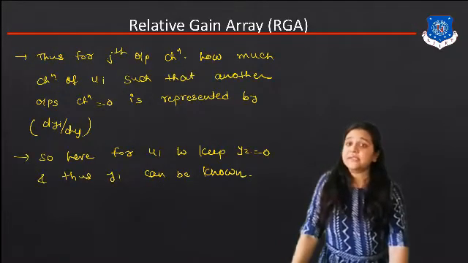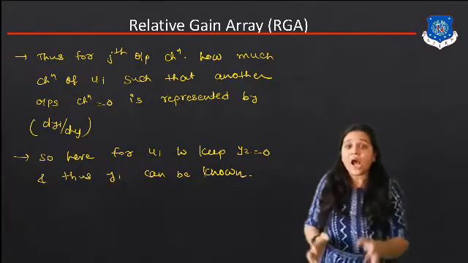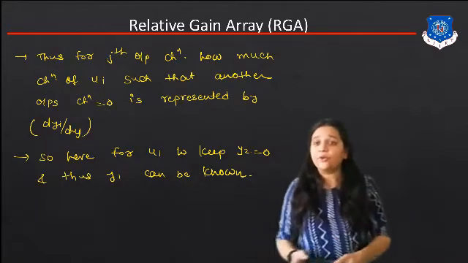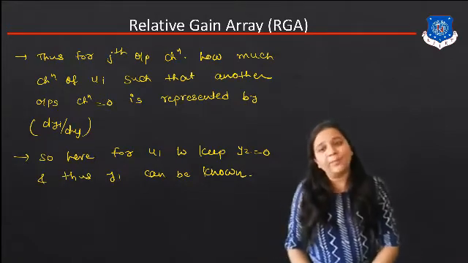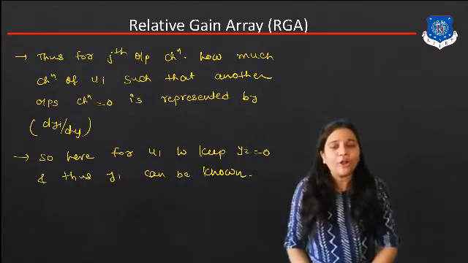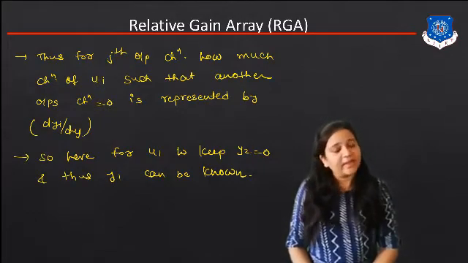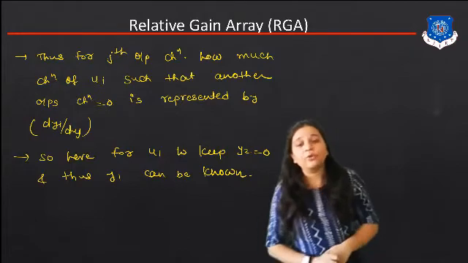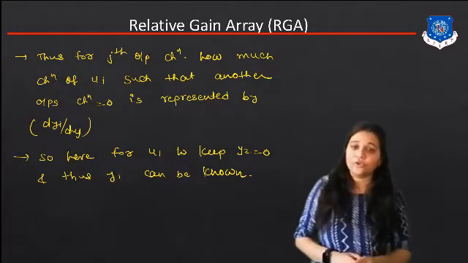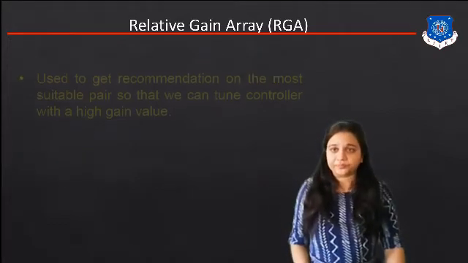So using this equation for the jth output characteristic, we see how much the characteristic of ui changes such that the other output characteristic is 0, replaced by dyi upon duj. Whenever two loops or two equations are given, we can keep y2 equal to 0 and find the value of u1 and y1.